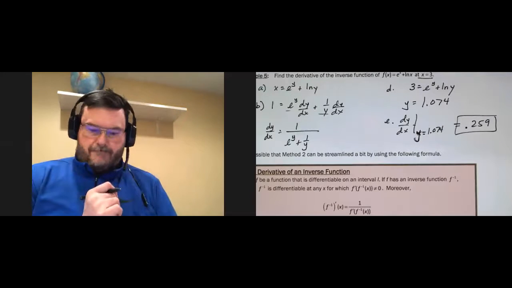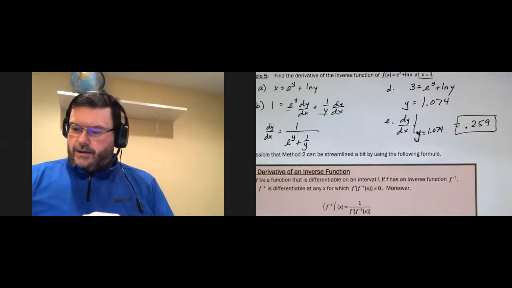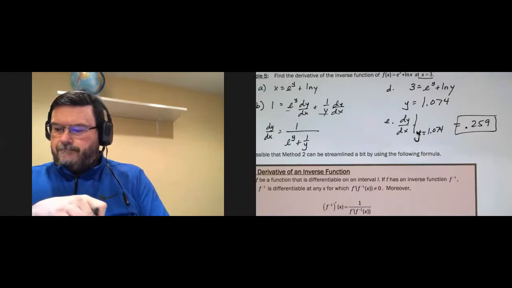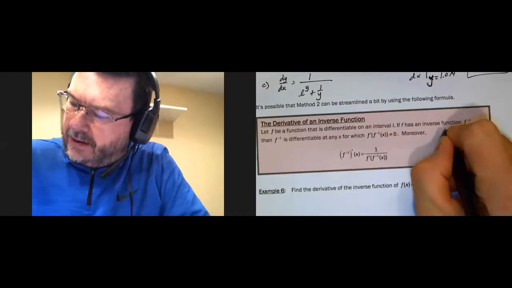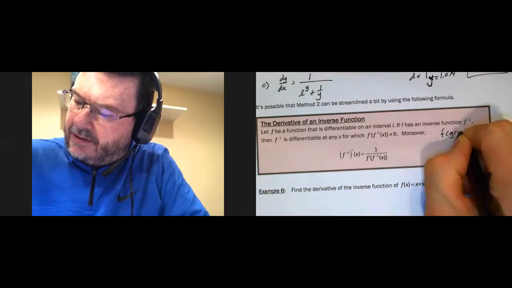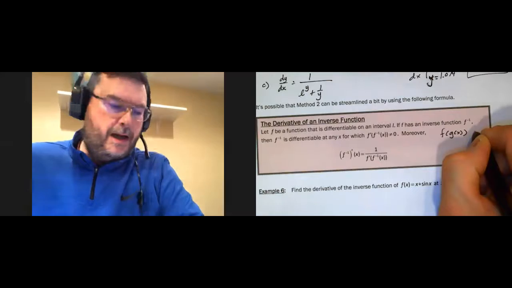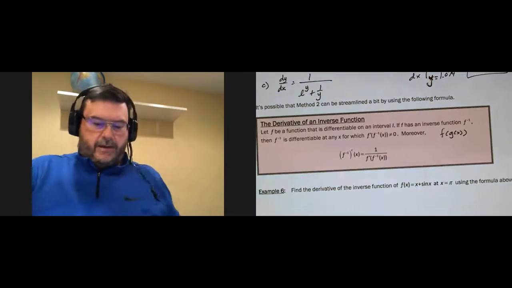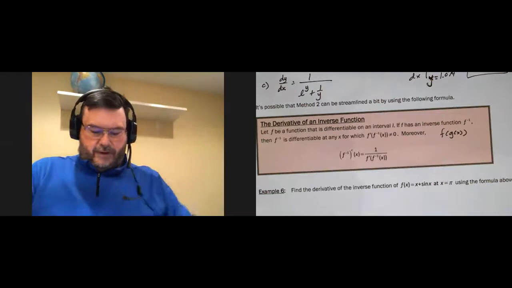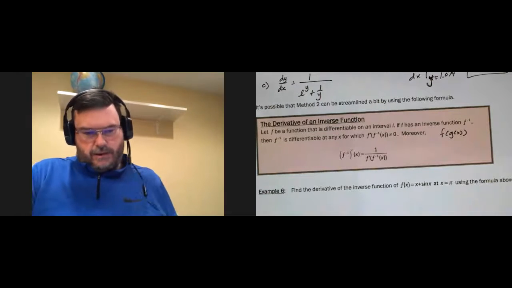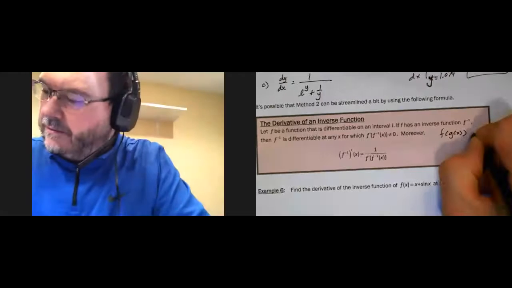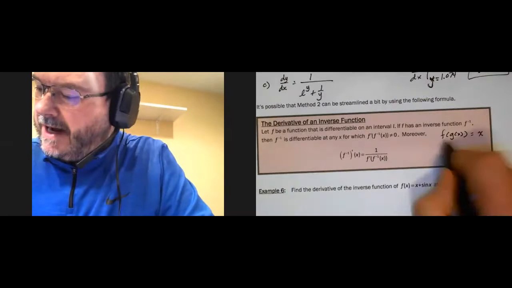There is another way to do it, and that is using the composite functions. If I look at f of g of x, and I look for the derivative, this is x, because it's a function.